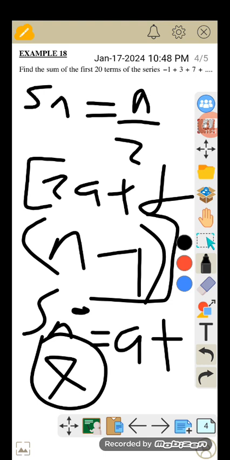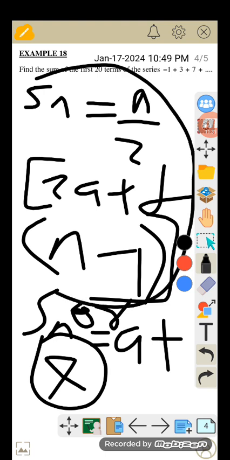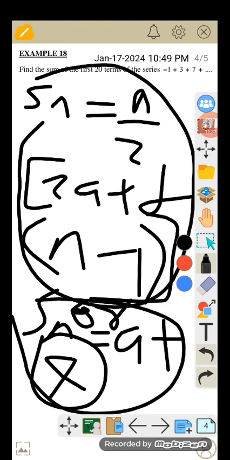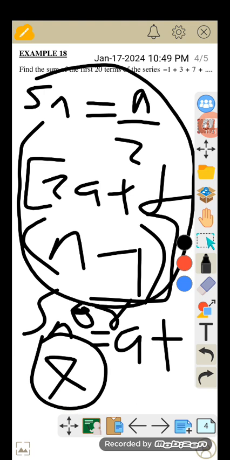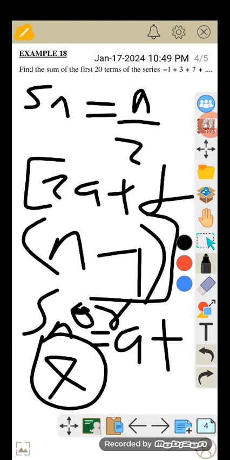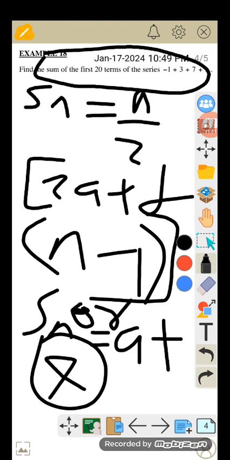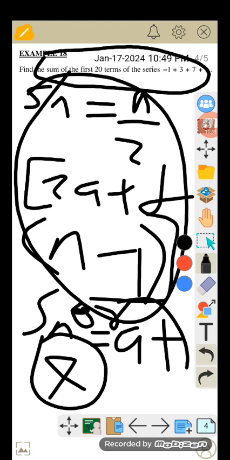Or, let me just write or. These formulas are designed to help us find the sum of our terms. For example, instead of me calculating the sum of 20 terms using my head, I'm just using these formulas.